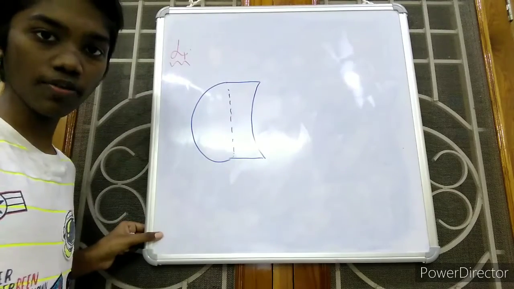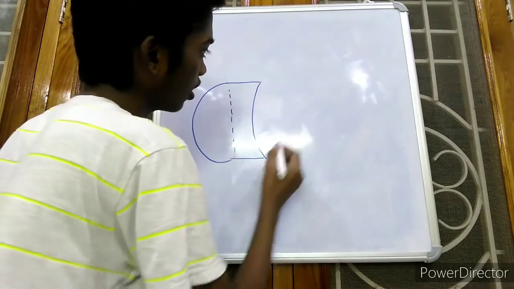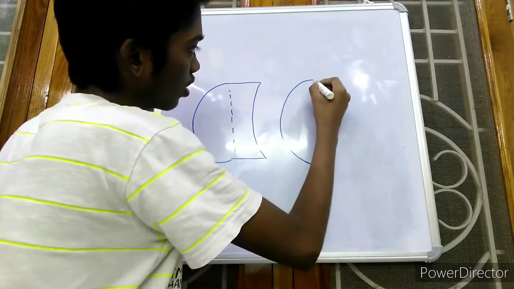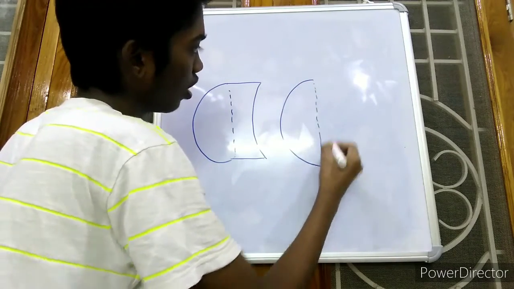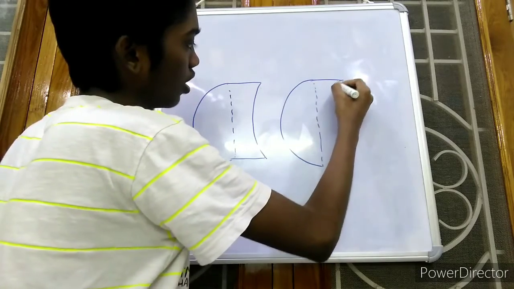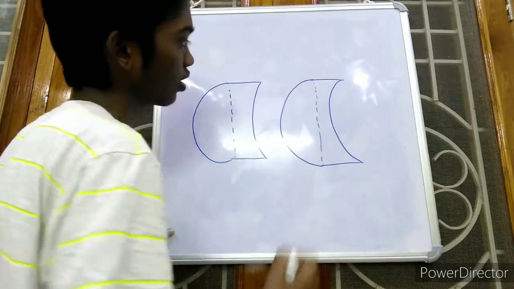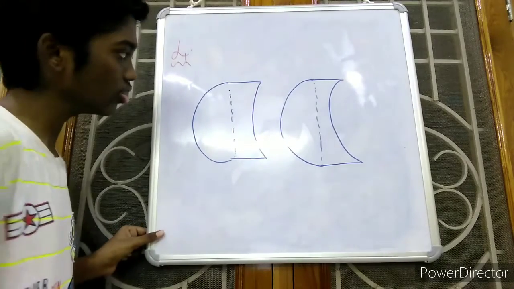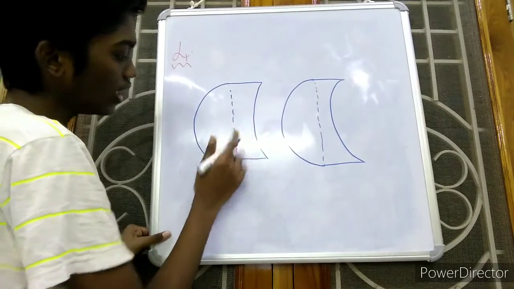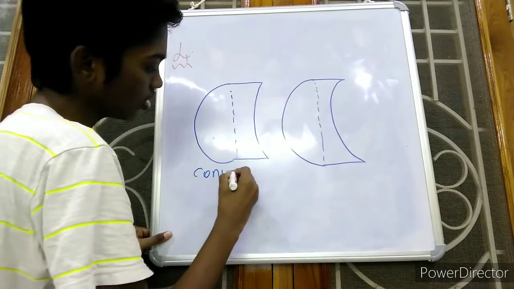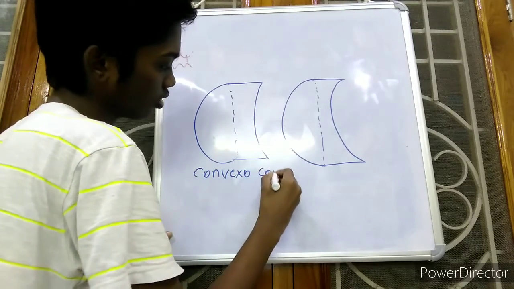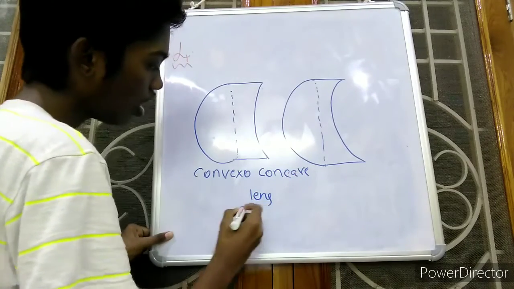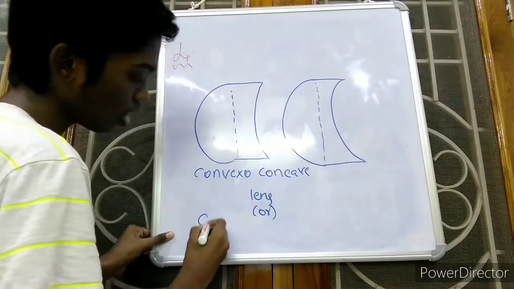These are both types of lenses, convex lens and concave lens. So it does not have any specific name because we can call it convexo-concave lens or concavo-convex lens.